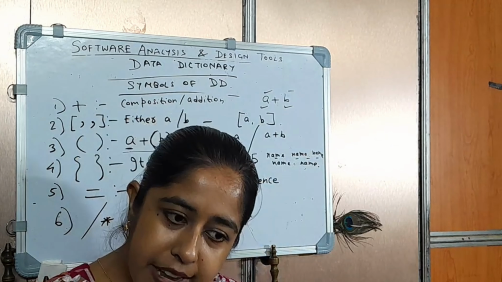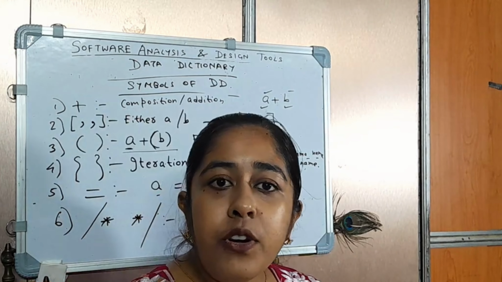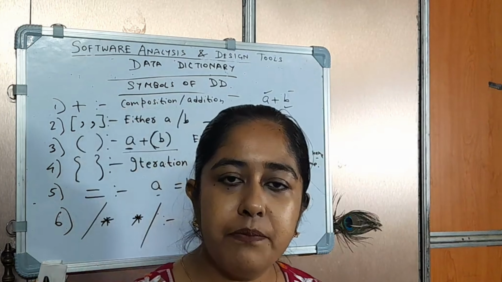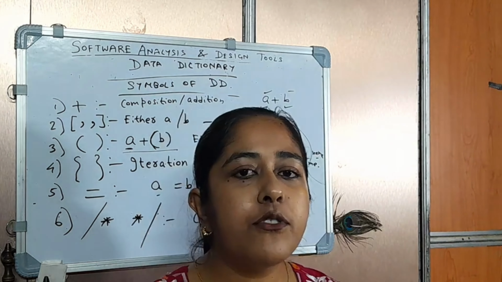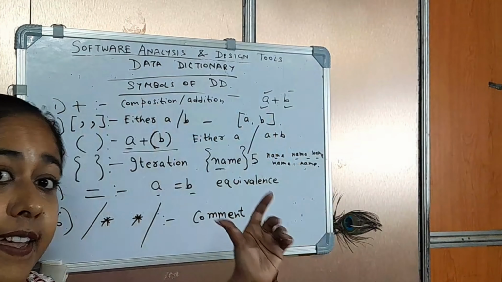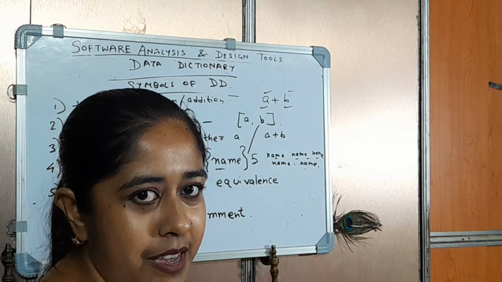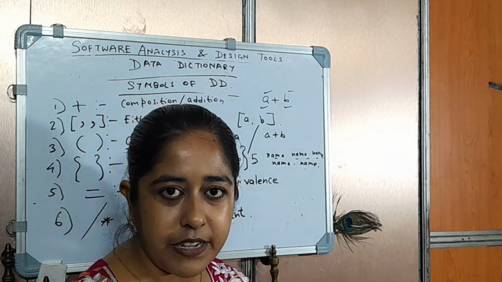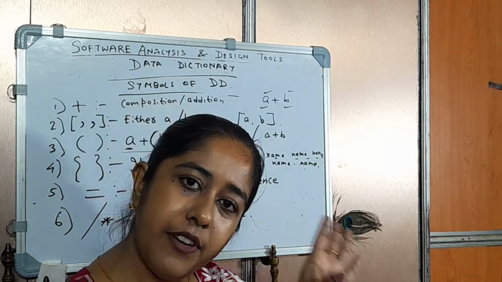As we have already discussed, everything here will be structured, because your designing phase is going to be the input for the implementation phase, the coding people who are going to code. So obviously you have to write it in a structured way. We will use these symbols in the next class to show how the data dictionary is generated. First we will have a DFD, and from that DFD we will generate a data dictionary. That we will do in our next class.